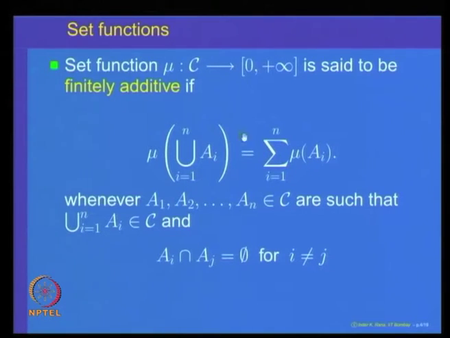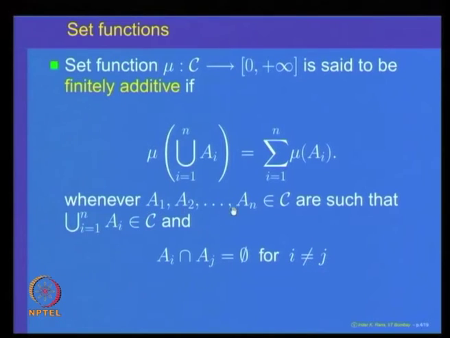Intuitively keep in mind mu in some sense is denoting the size of a set A. So, we are saying mu of the union is equal to the sum of the individual sizes whenever the sets A i are disjoint, and we are requiring it for any finite collection, i from 1 to n.